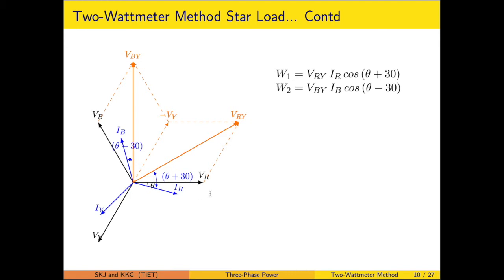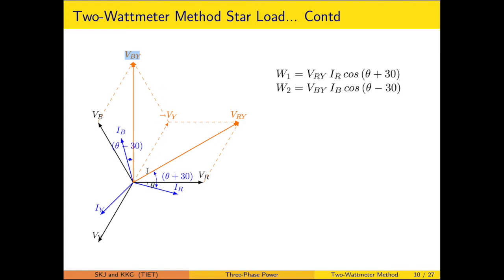Now Y is taken as a reference, so we first have to mark VRY. We extend the negative of VYN and apply the law of parallelogram, and correspondingly we will be able to draw VRY. This negative of VYN will also help us in calculating VBY by the law of parallelogram, which is nothing but VBN minus VYN.